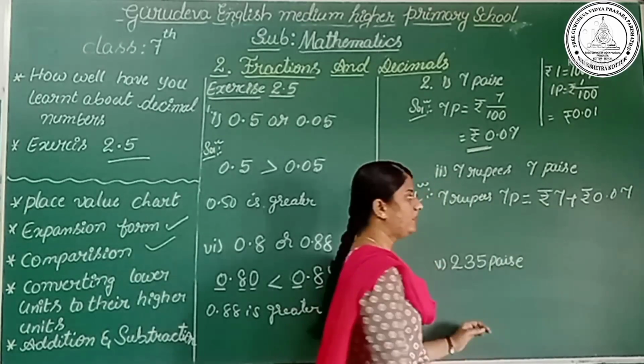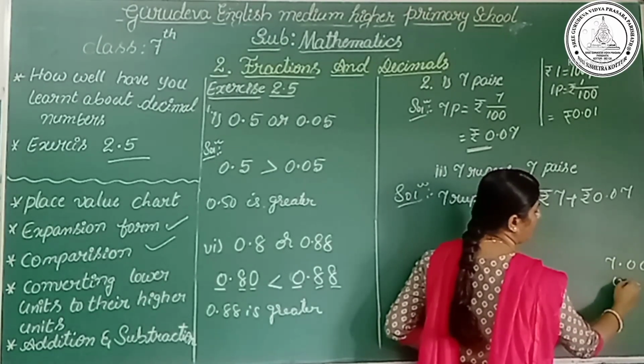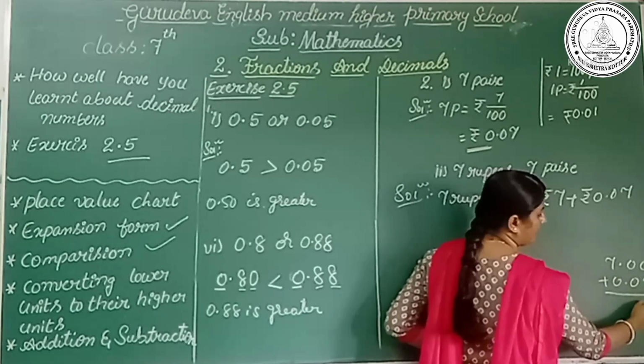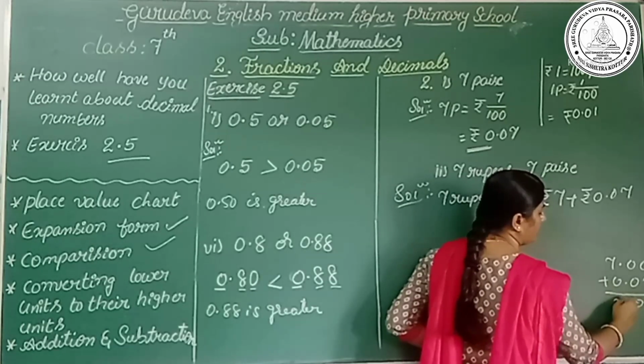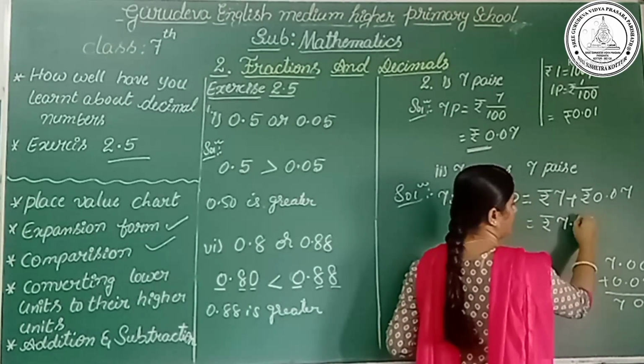So let's add: 7.00 and 0.07. If we add these two, we will get 7, 0 and 7, which is equal to 7.07 rupees.